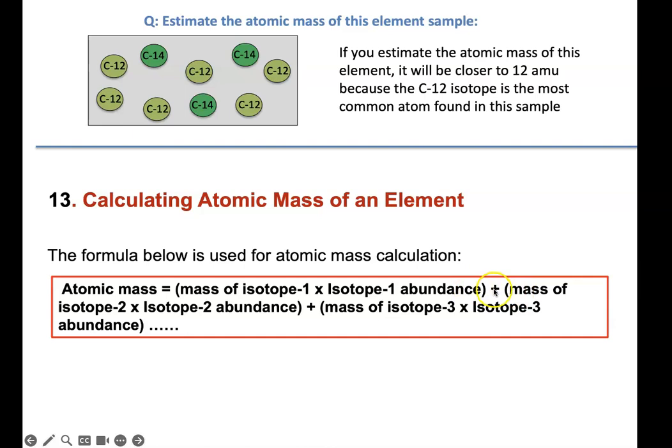You're going to have 3 pluses. So mass of isotope 1 times isotope 1 abundance plus mass of isotope 2 times isotope 2 abundance plus mass of isotope 3 times isotope 3 abundance, and you end there. If you have 4 isotopes, you will have another segment with mass of isotope 4 times isotope 4 abundance. You get the picture.